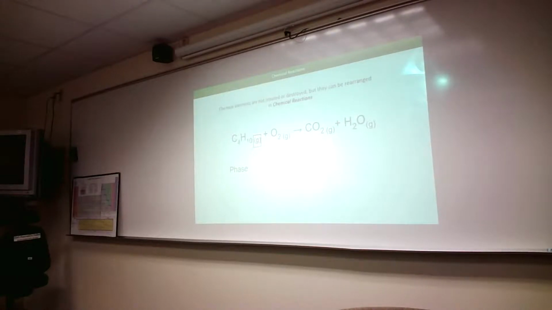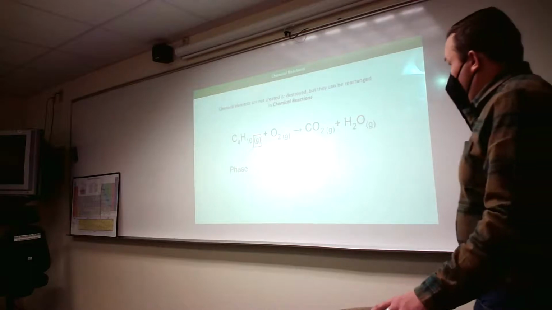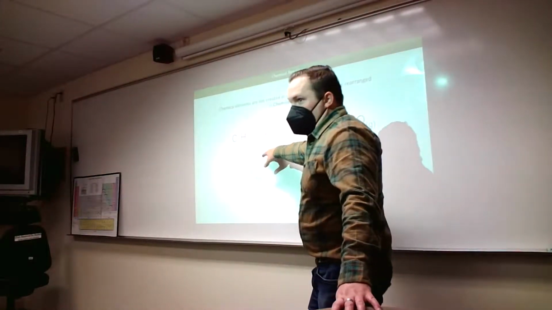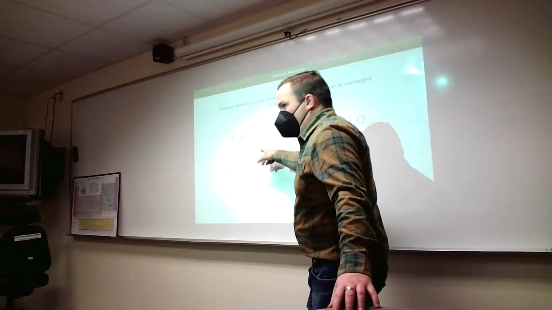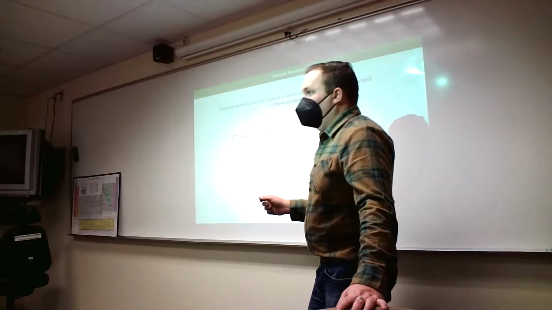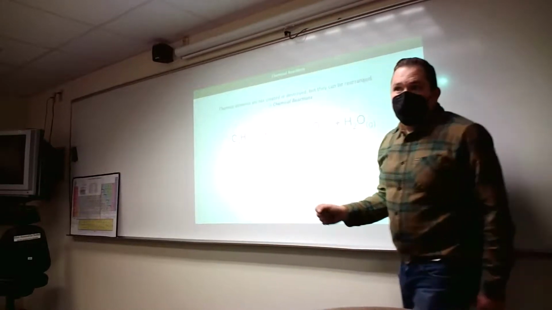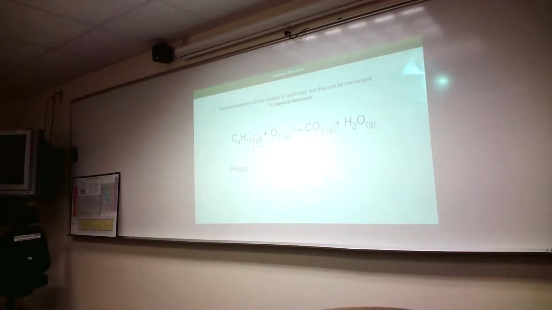If it's a complete chemical reaction, we don't just want to say what it started as and what it ended as, we also want to say what phase it was in, meaning solid, liquid, gas. Because some things won't react as a liquid, but they will react as a gas. Or they'll change how quickly it reacts, because if something is a solid reacting with a gas, it doesn't have as much surface area that it can react with the gas. Versus if you have something that's two gases reacting, it can happen very quickly.